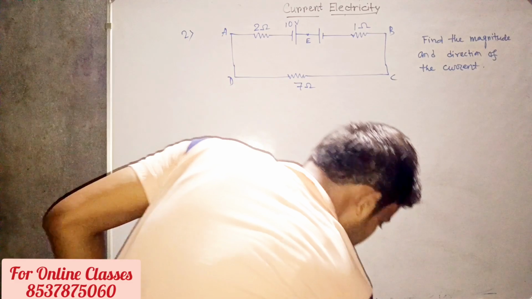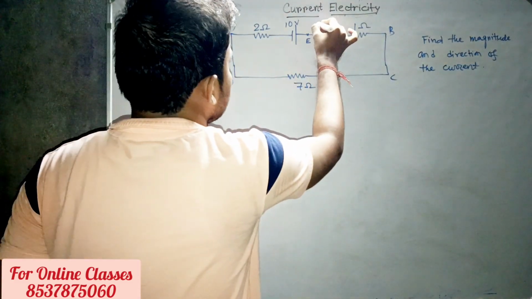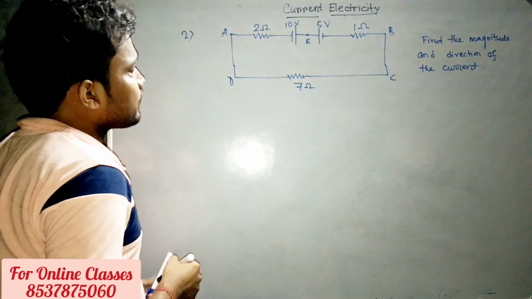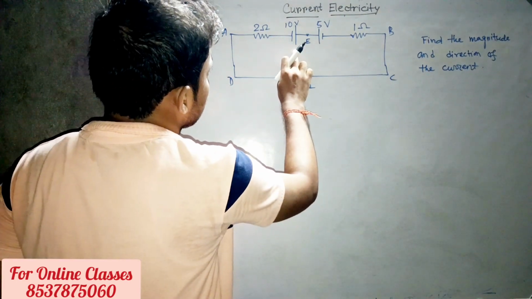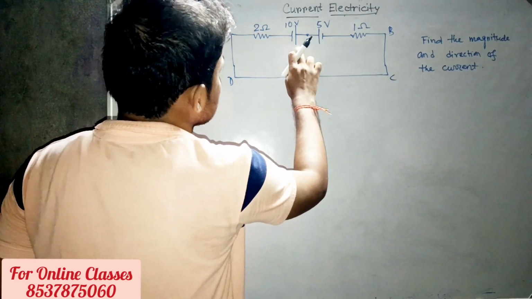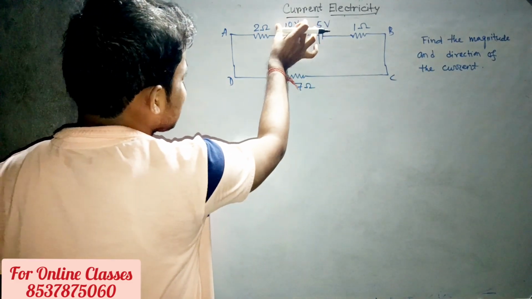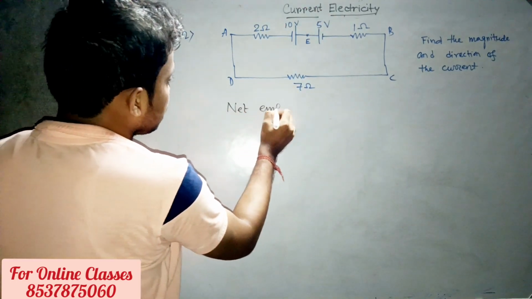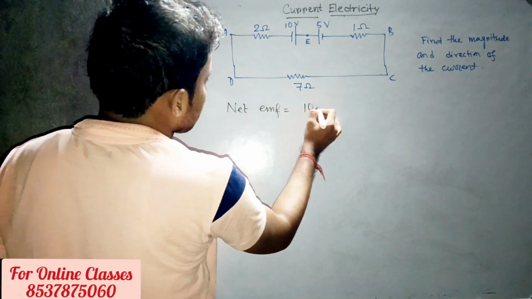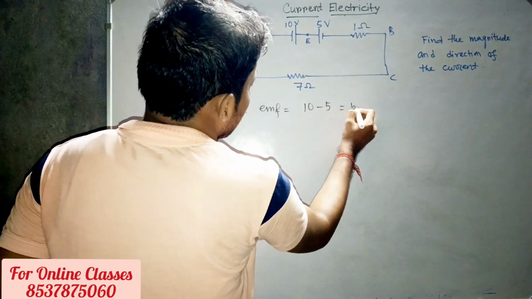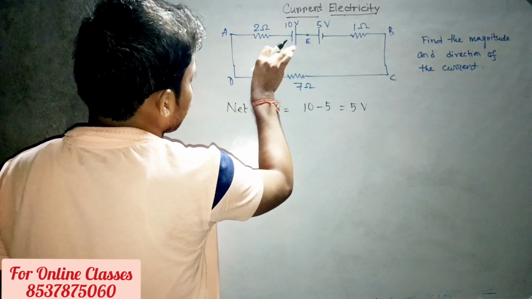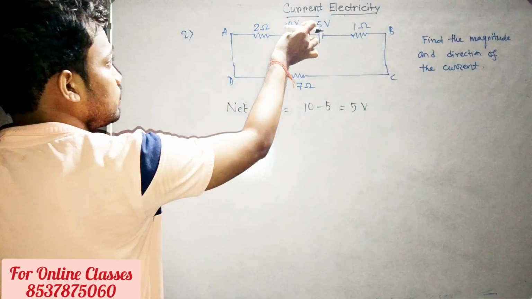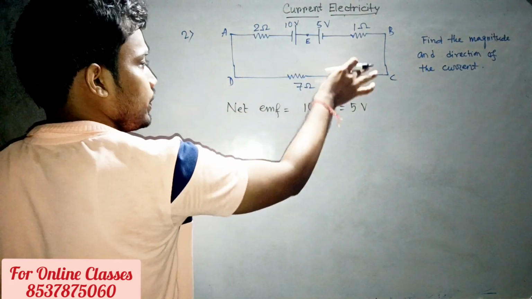If you compare this 10 volt and 5 volt, the net EMF will be 10 minus 5, so 5 volt. This has the greater value, so this EMF will control the current.